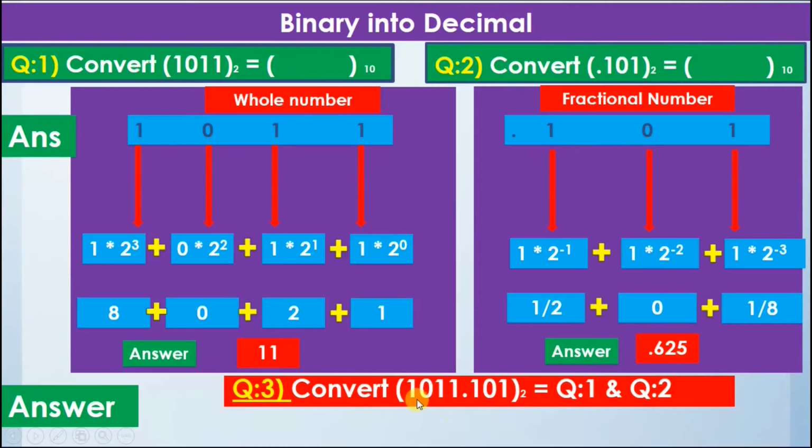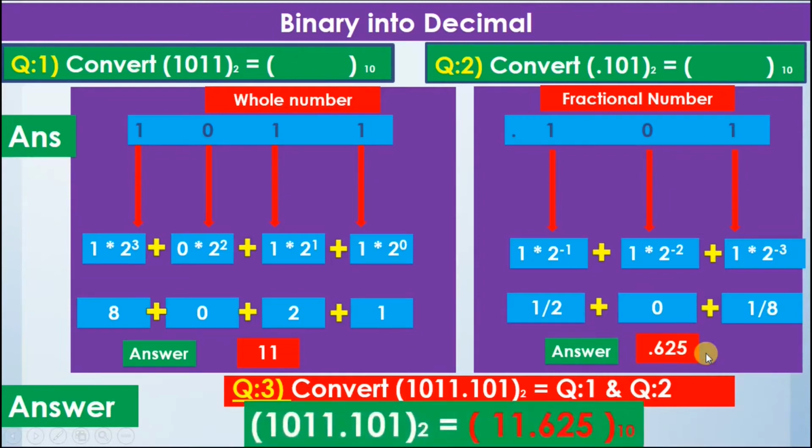When we convert this number into decimal, we combine these two answers to get the final answer: 11 comes here and 0.625 here. So we can say that the number 1011.101 in binary is equal to 11.625 in decimal.